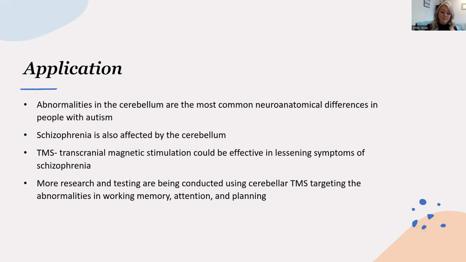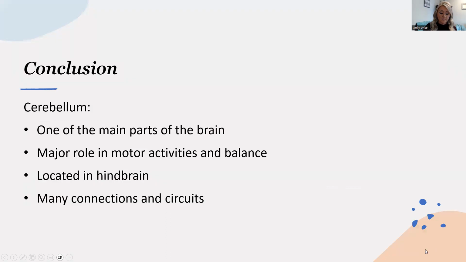The cerebellum is responsible for millions of connections and circuits affecting multiple areas. Therefore, the more research that is conducted, the better future therapy could be for various conditions. The cerebellum is one of the main parts of the brain and is accountable for coordinating movement and balance.